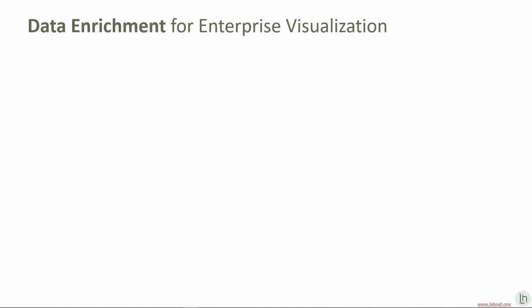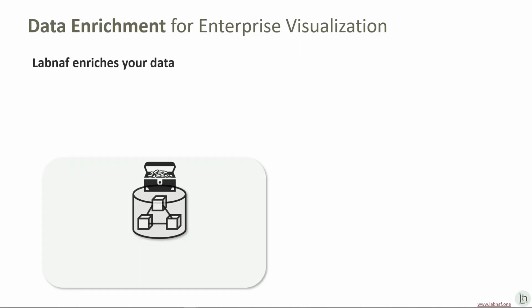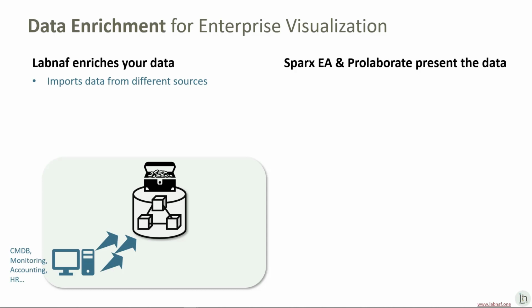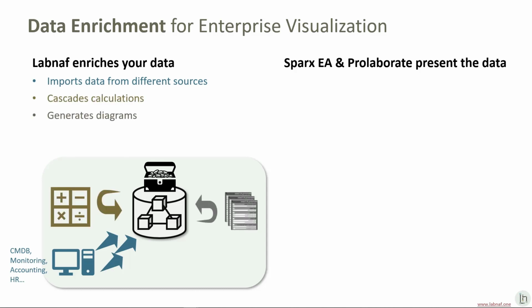To visualize your enterprise, you need, of course, more than tools. You need also rich data that Sparksy and Collaborate can then, in turn, display. Labnaf can automatically import, calculate values, generate diagrams, normalize the repository structure, generate implicit connectors, and many other things.